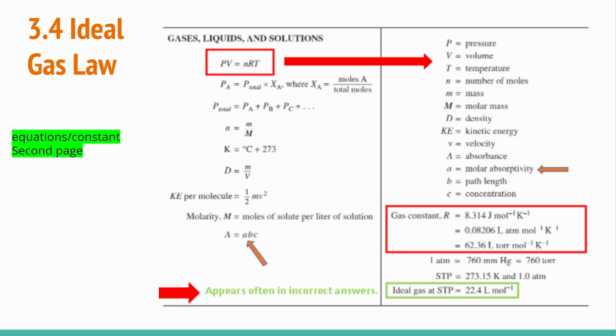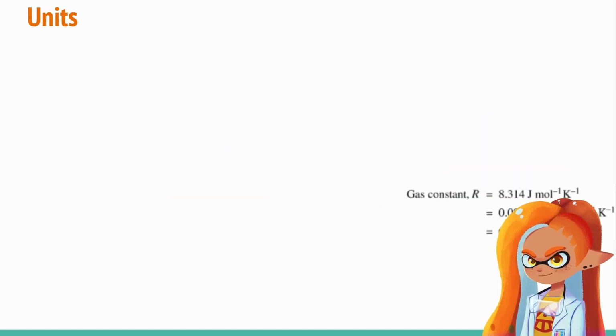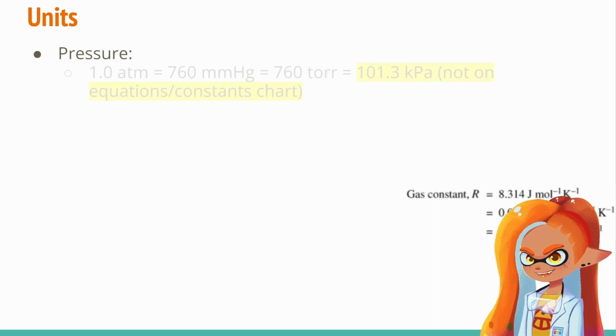If you happen to know something about the gas being at STP, you probably won't need to use PV=nRT. You would probably be able to just use the 22.4 liters per mole, and then you could do regular stoichiometry with units canceling. There are units that we need to deal with, as I mentioned previously, and pressure has multiple units.